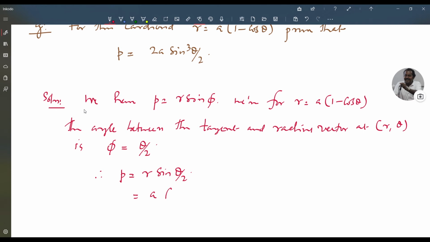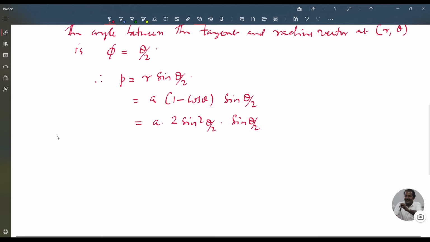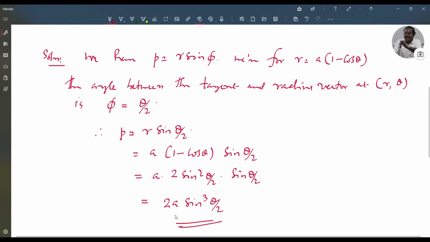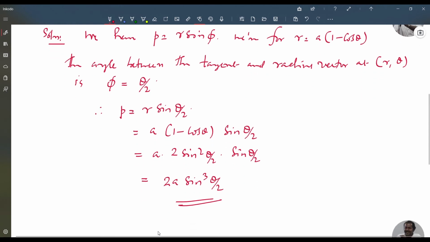So this is a into 1 minus cos theta into sine theta by 2. 1 minus cos theta is 2 sine square theta by 2, so this is equal to 2a into sine cube theta by 2. This is what we have to prove. So this is actually an extension of the last problem.